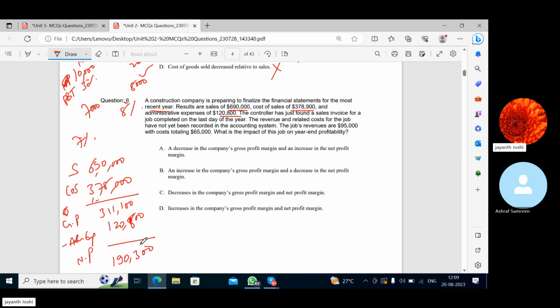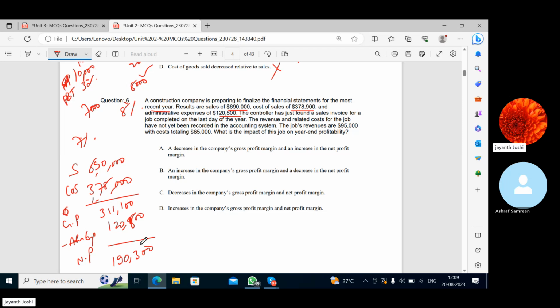The controller has just found a sales invoice for a job completed on the last day of the year. The construction company is preparing to finalize the financial statements for the most recent year.